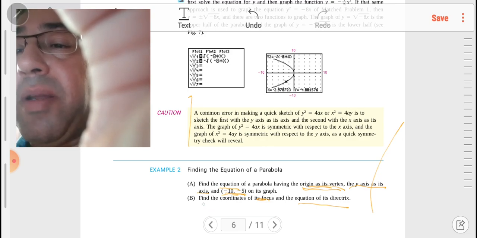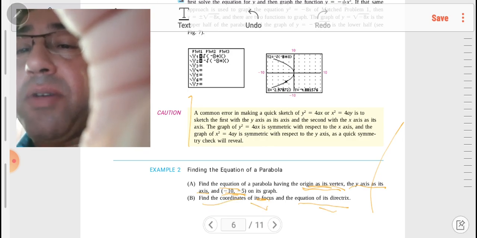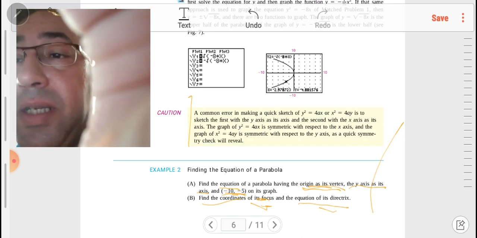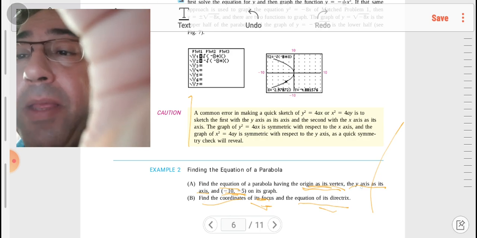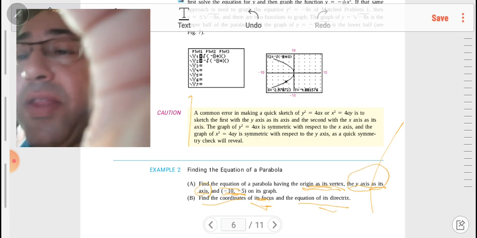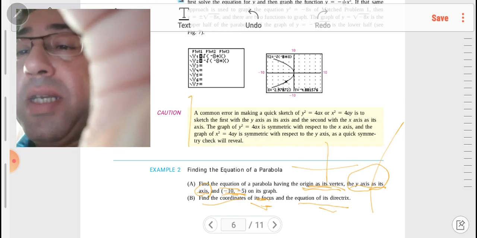The question says: write the equation of the parabola and the coordinates of the focus and the equation of the directrix. The y-axis is the axis, so it's a vertical parabola.